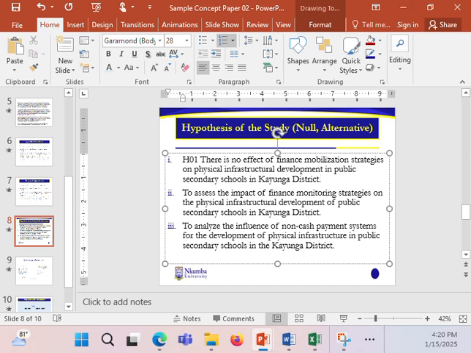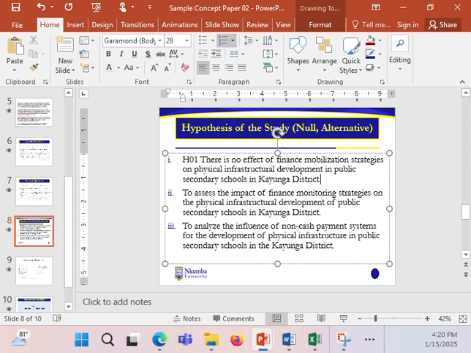If the objective was to analyze the relationship between this and that, the hypothesis would also state there is no relationship between that and the other. Then the researcher goes to collect data.